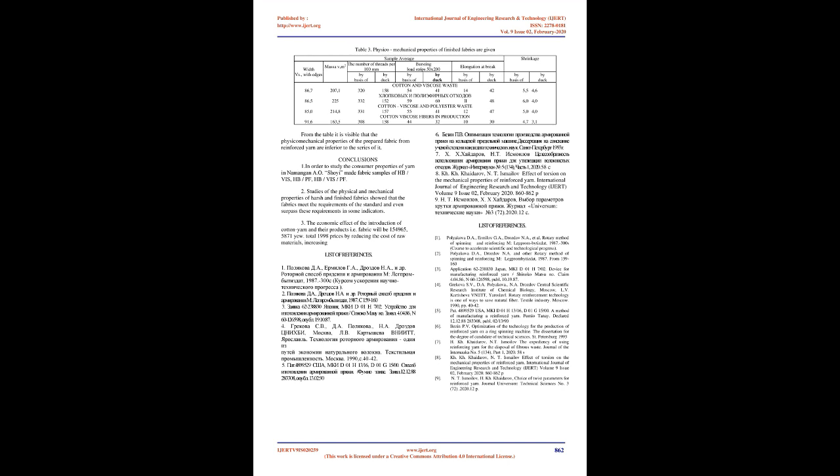Sample, average shrinkage, width, with edges, mass. The number of threads per 100 mm, bursting load of strips 50x200, elongation at break, by base and weft. 86.7, 86.5, 85.0, 91.6, 207.1, 225, 214.8, 163.5.